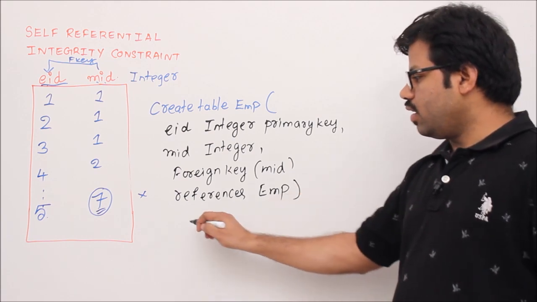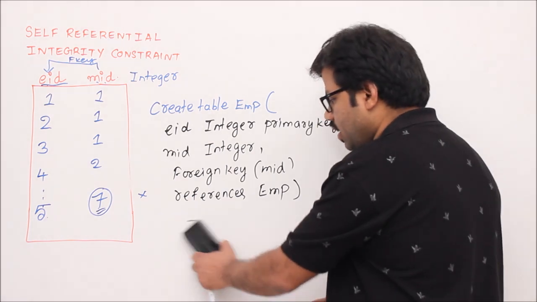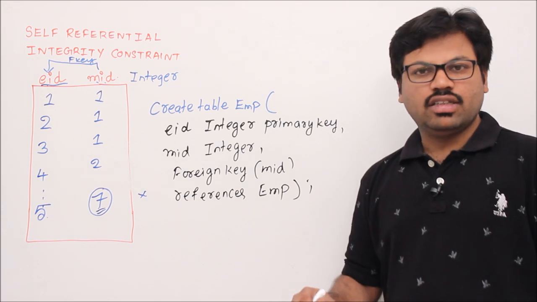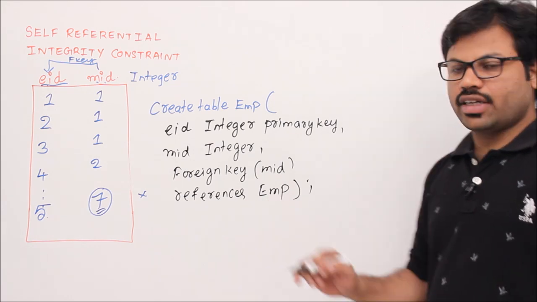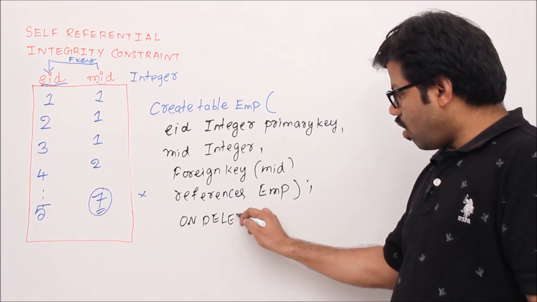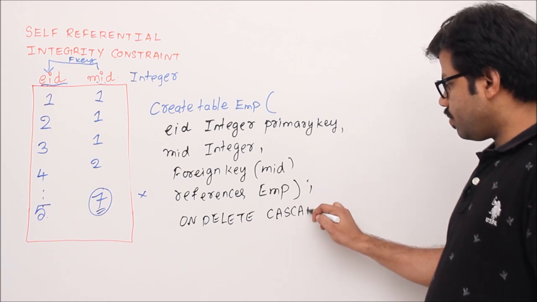After that we write the strategy name. If I don't write any strategy, is it a syntax error? No. When you don't mention any strategy, automatically it is on delete no action. But let me write a strategy called on delete cascade. We will see what happens.